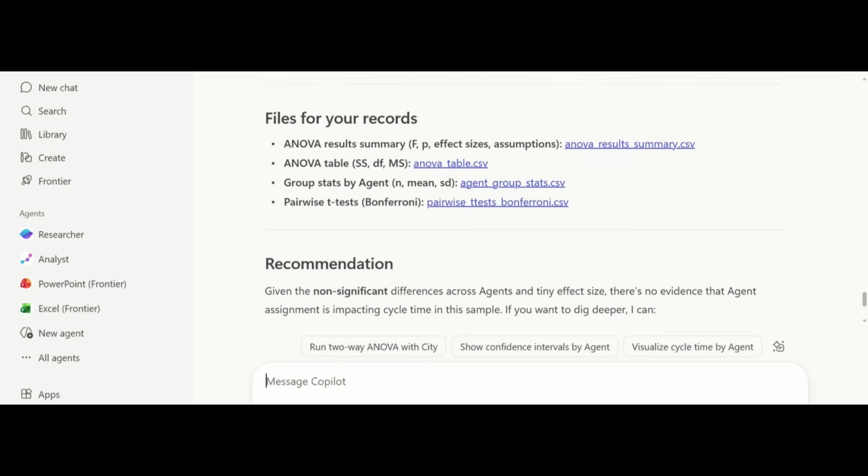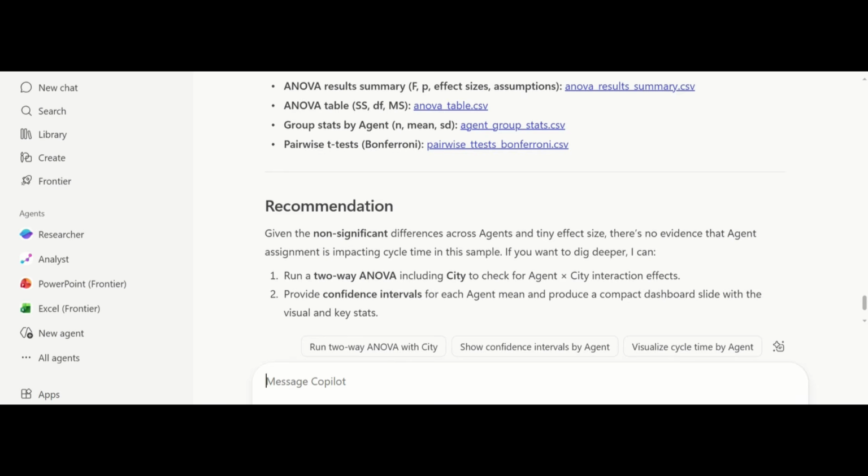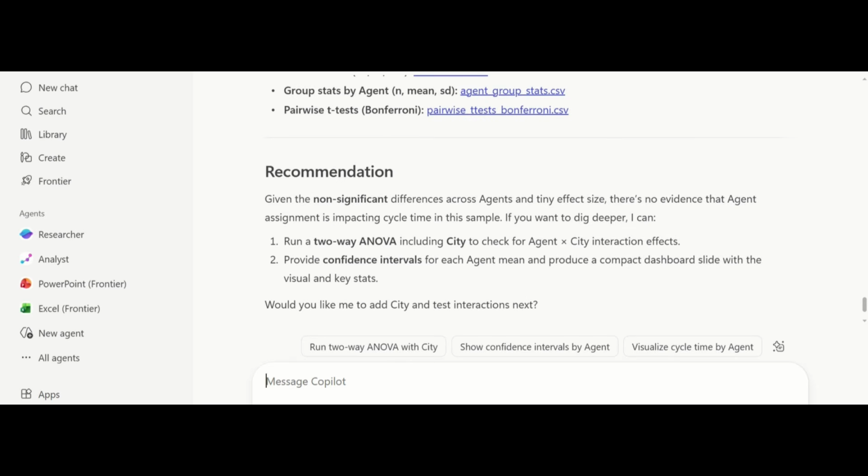And there are so many other analyses which the system has done, but we do not need those analyses. So what it is saying, given the non-significant differences across agents and tiny effect size, there is no evidence that the agent assignment is impacting cycle time in this sample, which is exactly the analysis that I have done.